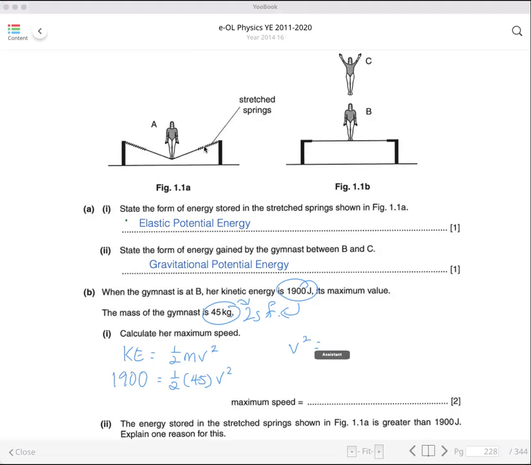You make v the subject. What's your answer? Can you quickly count? I will give you the formula already. You just need to rearrange, make v the subject, and that's your answer. So what's your answer here?